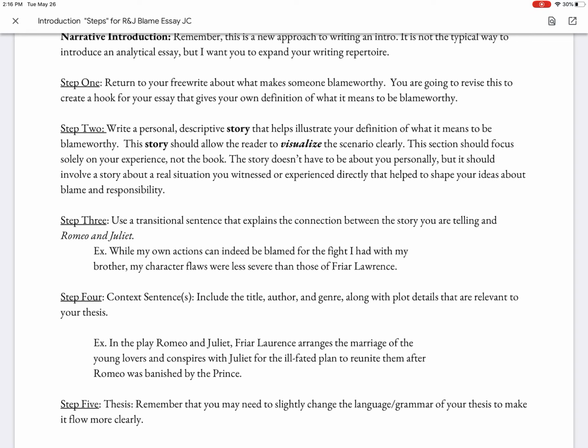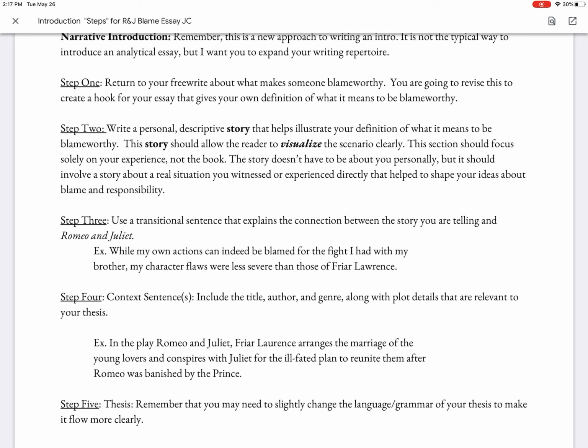This is about your experience. You're not even going to talk about Romeo and Juliet yet. The story doesn't have to be about you personally, but it should be about a real situation you witnessed or experienced directly that helped to shape your ideas about blame and responsibility. So what's a story about something that happened to you or to someone you know that will illustrate or make clear why you hold the definition of blameworthiness or responsibility that you hold?